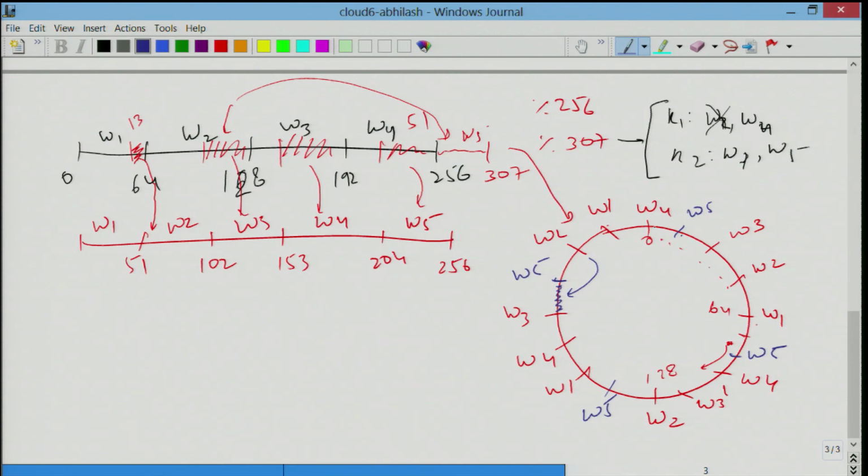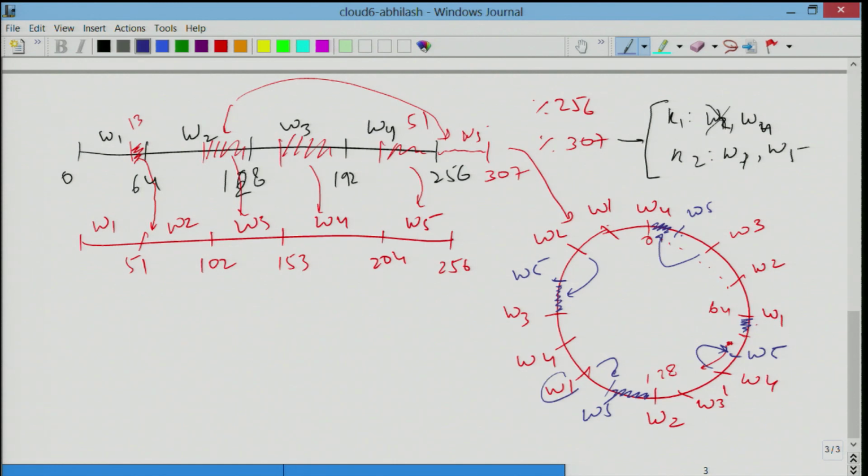All this data W3 will send to W5. All this data W4 will send to W5, and all this data W1 will send to W5. This way we have balanced the amount of data that a worker had to pass to the new worker.